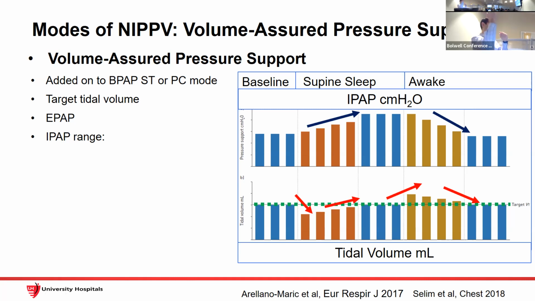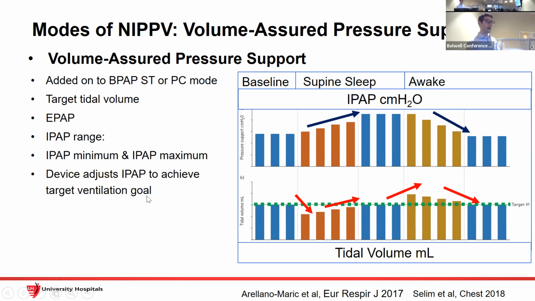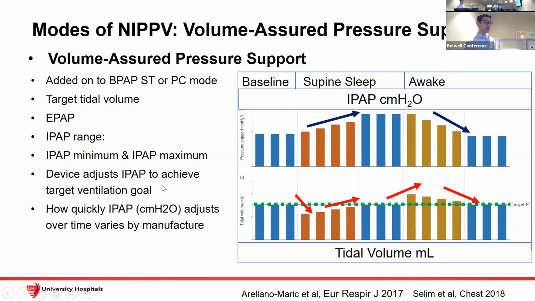So it'd be 14 to 24 IPAP. That's your IPAP range. You need IPAP min and IPAP max, and that device adjusts the IPAP to achieve the target ventilation. And like I said, how quickly the IPAP changes depends on the manufacturer.